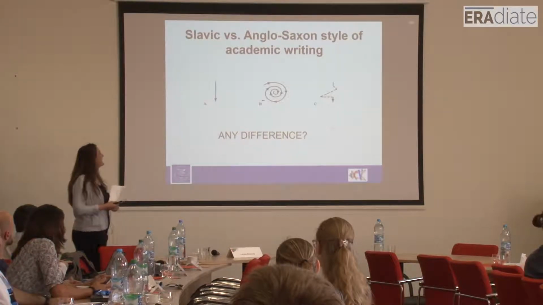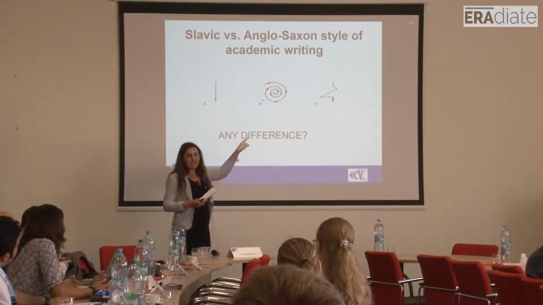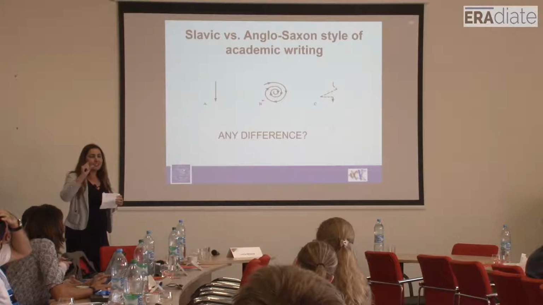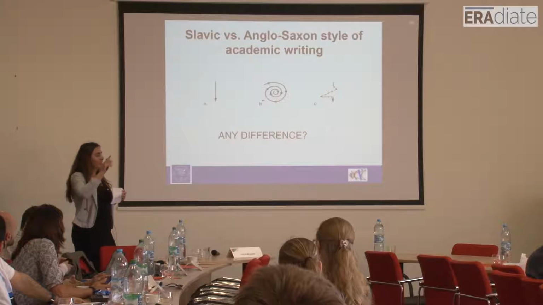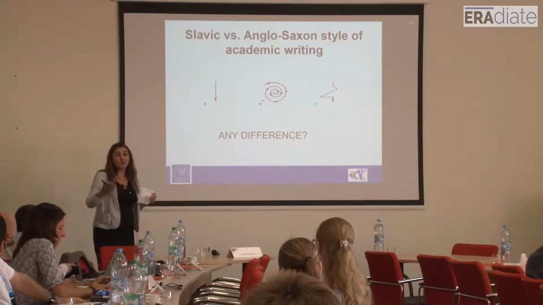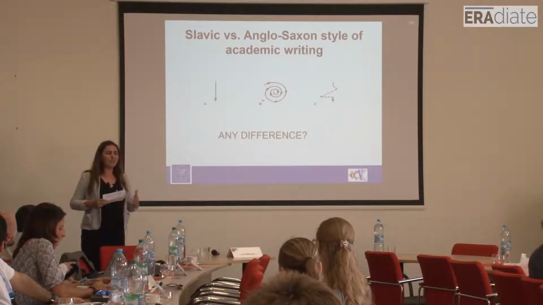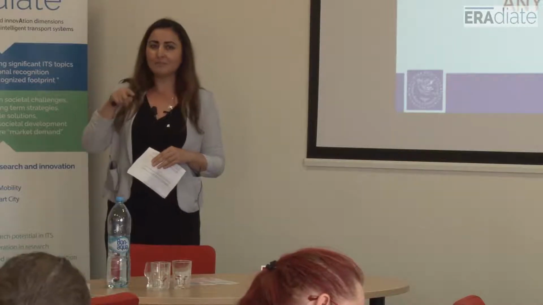Yes, actually, letter C. Yes, you can see the line is dashed. So the connections between ideas are not clear. And there might be some divergence from the original problem, so to say. The one in the middle should depict the Oriental style that turns around the problem.